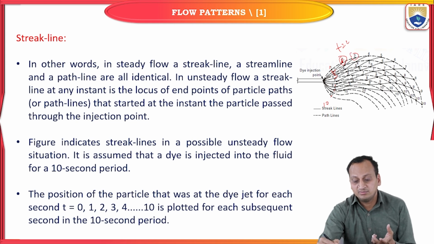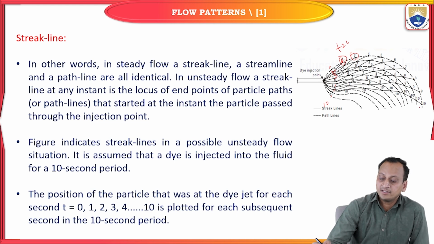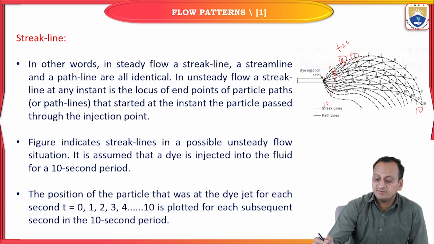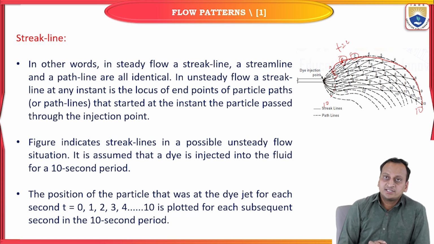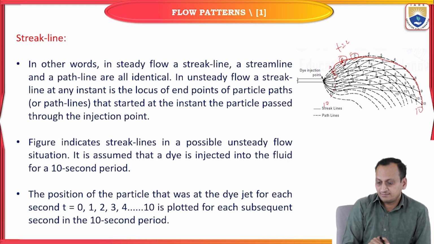At the third second, it will be at this position, and it will be moving. If you study 10 seconds, the fluid particle injected at the first second will be at this location. If you connect all these points with a dotted line, that is the path of that fluid particle over a period of 10 seconds.